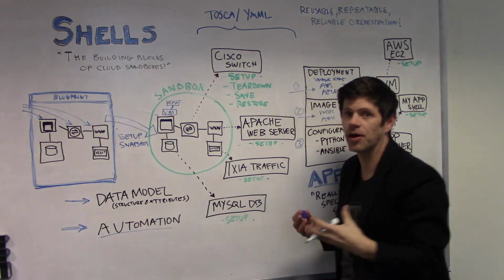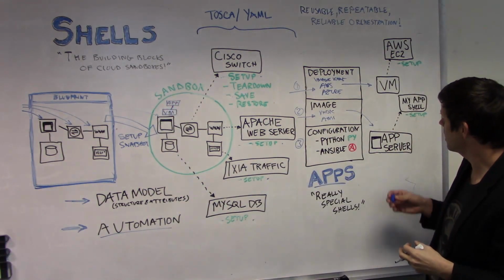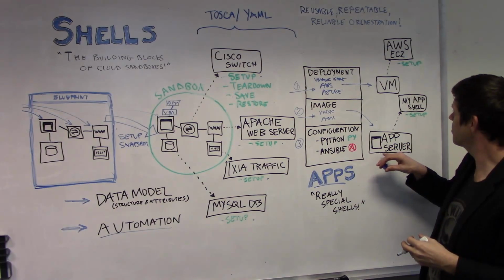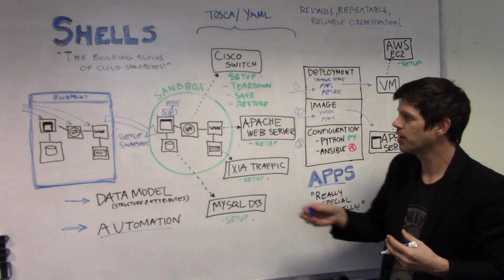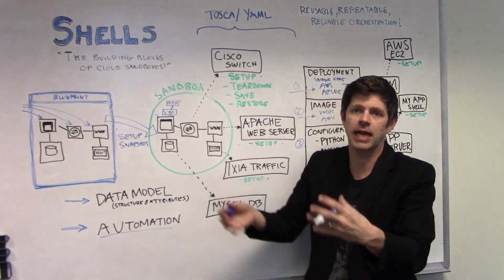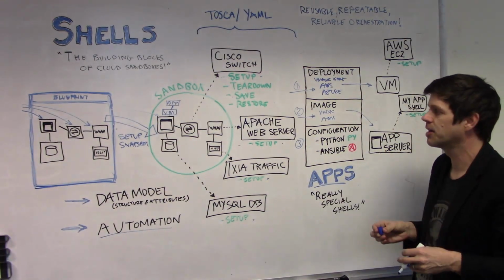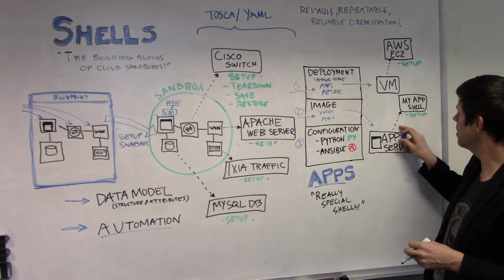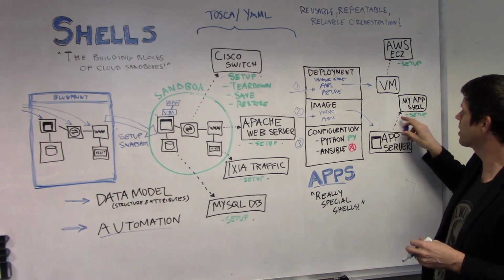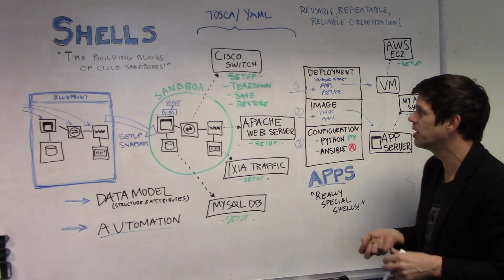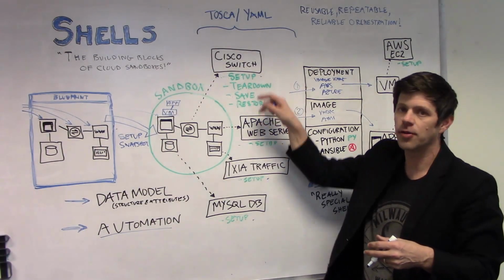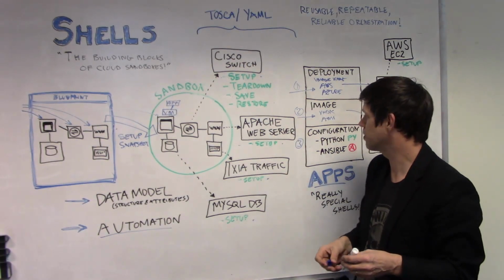The app is hosted on the VM. That app is also based on a shell. In this case, with our custom backend application server, it might be based on a custom shell that we've created, maybe something called my app shell. Again, it's going to implement all those standard orchestration commands as well.